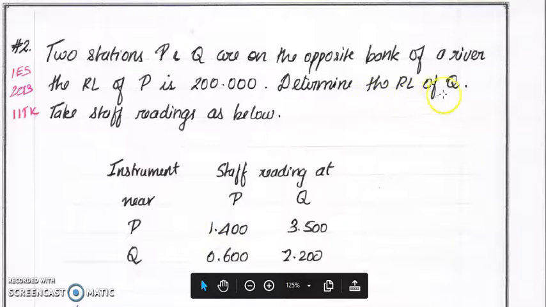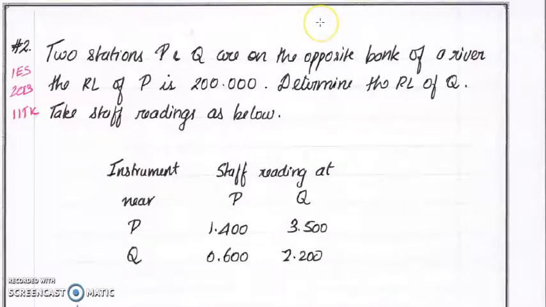We have to find the RL of Q. The RL of P is given, so by using the concept of reciprocal leveling we can get the RL of Q, because from these readings we can conclude that the leveling is reciprocal.